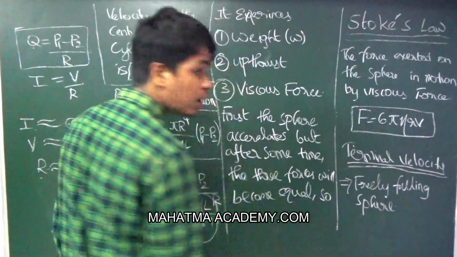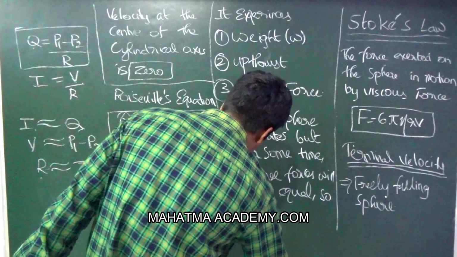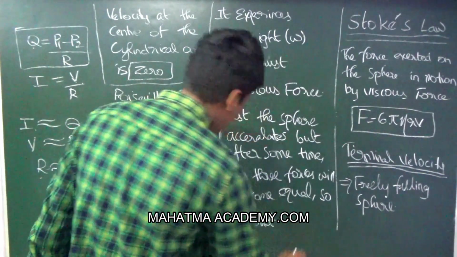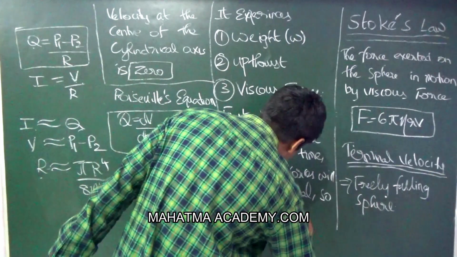So velocity is equal to constant, and we will call this velocity the terminal velocity.